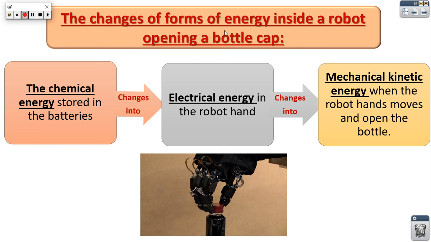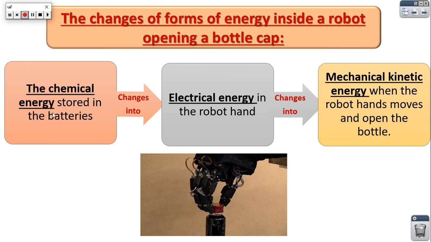the changes of the forms of energy inside a robot opening a bottle cap. As you can see in this picture, that's the hand of the robot. It tries to open the bottle cap, this red bottle cap. So all of us know that the robots are operated by what?